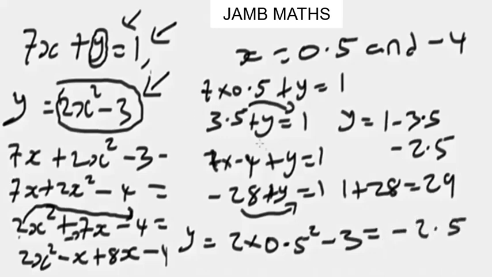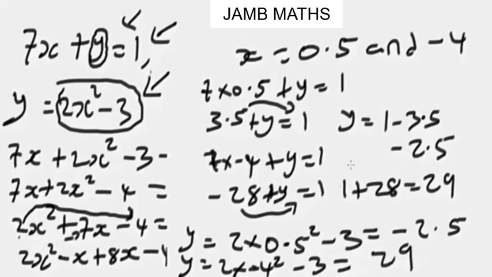Okay, what of when x is negative 4? So when you plug it here, you're going to have 2 times minus 4 squared minus 3. When you simplify everything, minus 4 squared will give us 16. 16 times 2 will give us 32. 32 minus 3 will give us 29. Okay, so these values we got are valid.